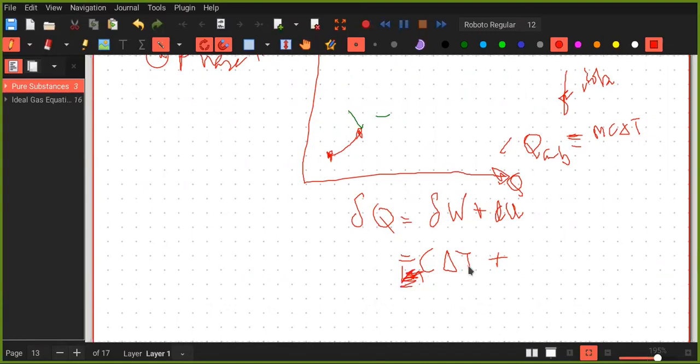So heat capacity into delta T. So this is in specific terms, and the PdV term, if we had considered the expansion, piston cylinder expansion. Okay. So this is PdV.